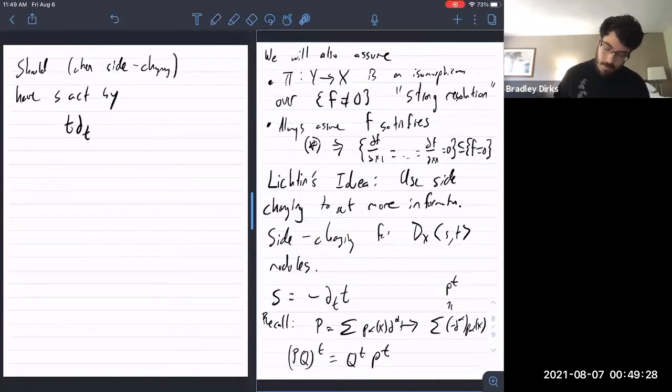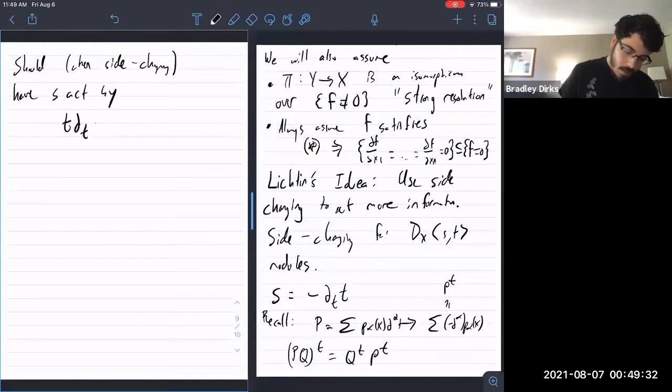If we swap which one's first and also negate this one, we get t dt, which is dtt plus 1 or minus 1, which is really negative s minus 1.